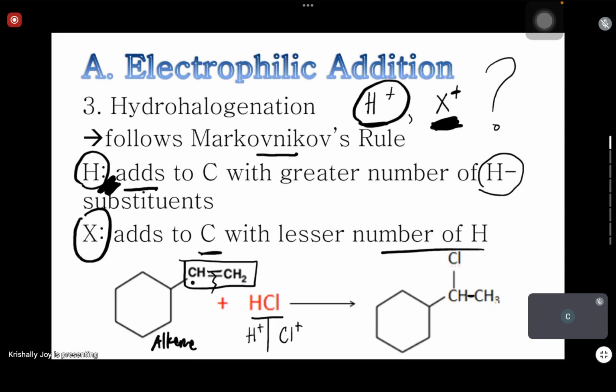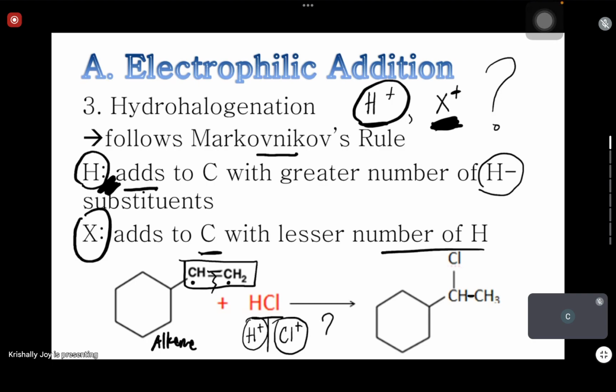So, each of this carbon holding initially the double bond, they will now become reactive. Kapag naging reactive sila, it will now accept incoming ng mga electrophile. Ang electrophile nga incoming is H plus and the chloro. The hydrogen and the chloro.